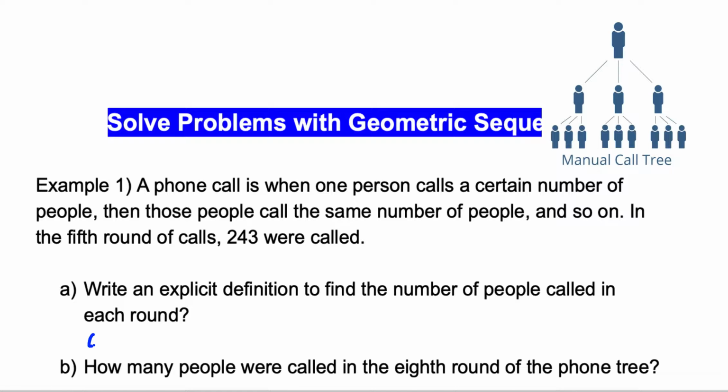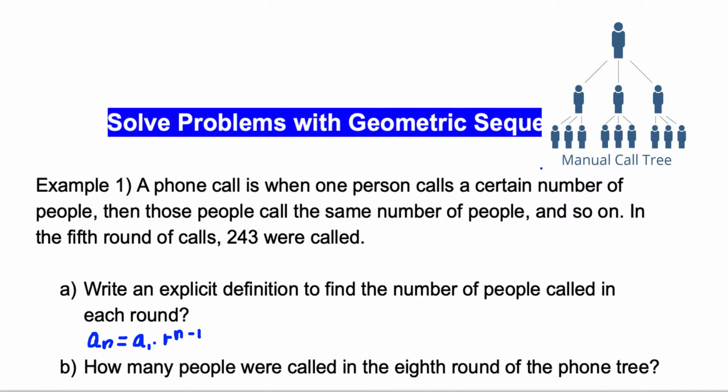We already know the explicit definition of geometric sequences is an equals a1 times r, the common ratio, in exponent n minus 1. So we already know this.